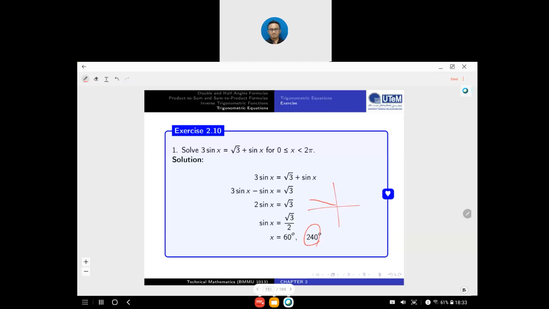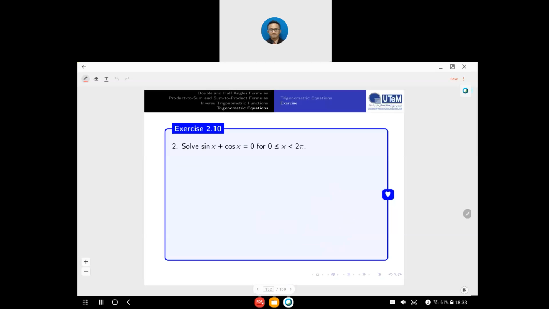So this one is 120, bukannya 240. 120. First quadrant dengan second quadrant because sine positive. Question 2. Solve sin x plus cos x equal to 0.